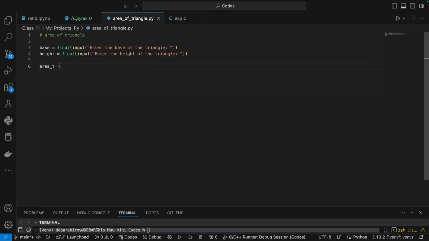Area underscore t represents the area of the triangle. Formula is 1 by 2 multiplied by base multiplied by height.